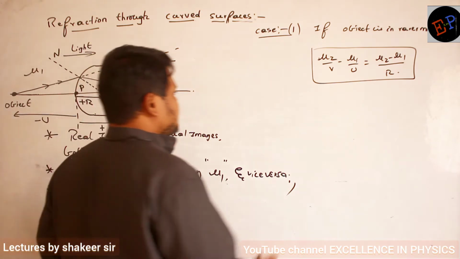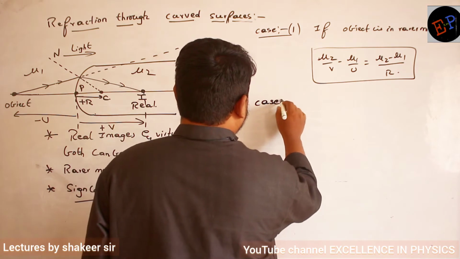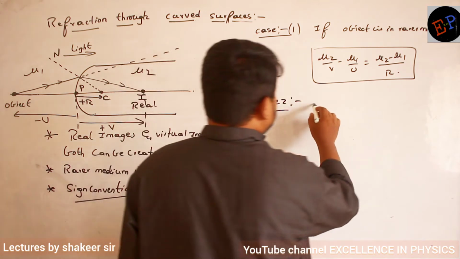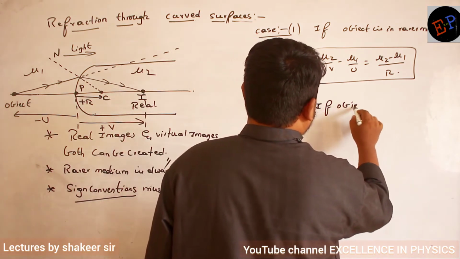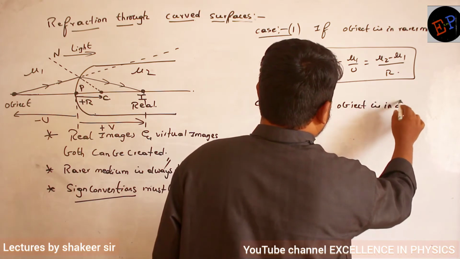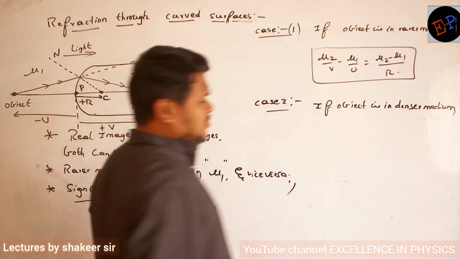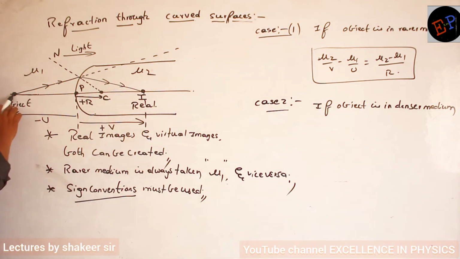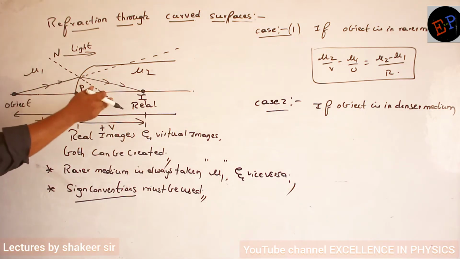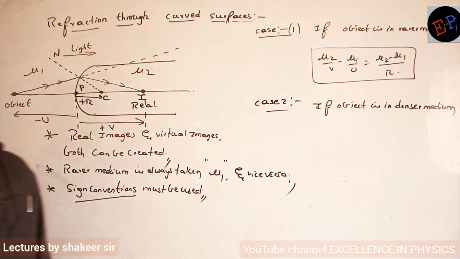Fine. Next, case number 2. Case number 2 is if object is in denser medium. Are you able to understand? See, here object is present in rarer medium. Object may be present inside this refracting surface also.